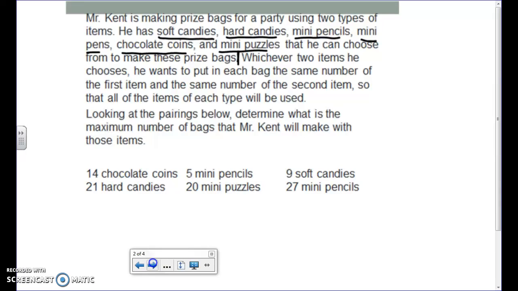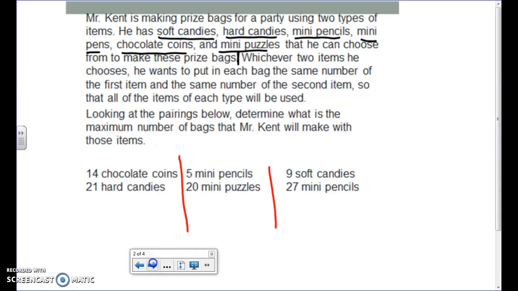All right. So for instance, if Mr. Kent has these things as listed below: 14 chocolate coins and 21 hard candies, 5 mini pencils, 20 mini puzzles, 9 soft candies, and 27 mini pencils, it says what could he make using these things.